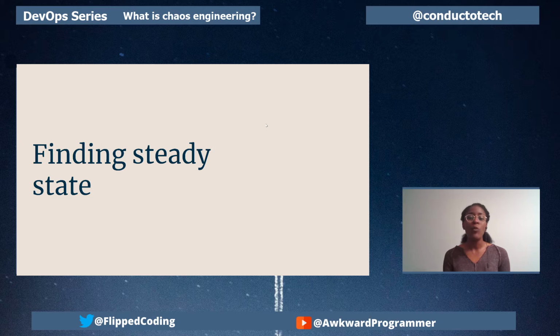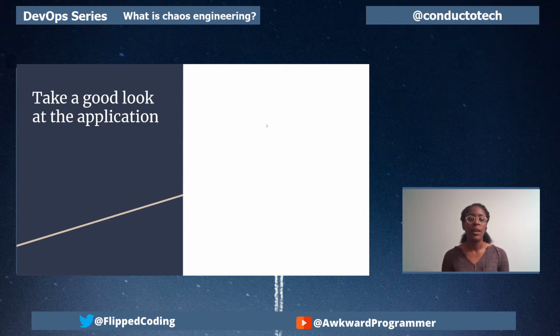So, the main way that you're going to convince people to get on board with chaos engineering experiments is to start by finding the steady state of your system. And that means you get to take a really good look at your application. So, do some extensive monitoring. Include different services that let you know when errors happen or when outages occur.